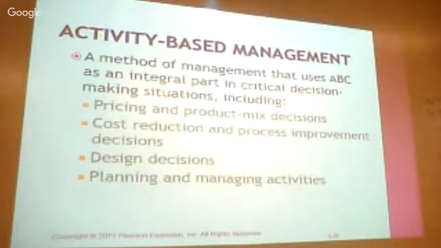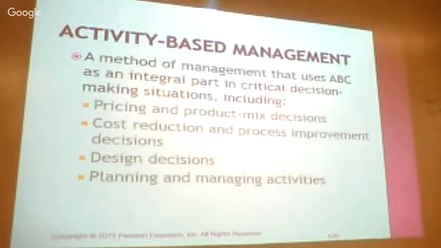In our example that we talked about today, what was it? We had complex and we had simple, all right? And by doing the ABC, we were able to determine, hey, maybe we're producing too much of the complex and not enough of the simple. Should this be more simple versus complex, or which way would be better for us, and which one would be more profitable for our decisions?